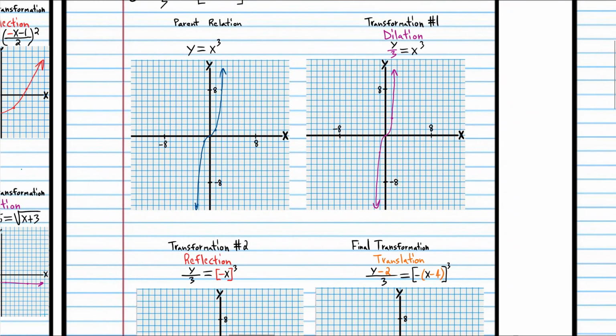We're rewriting the exact same equation, except we're writing a negative on the x. And what that means is we're going to reflect the graph of the previous equation across the y-axis.